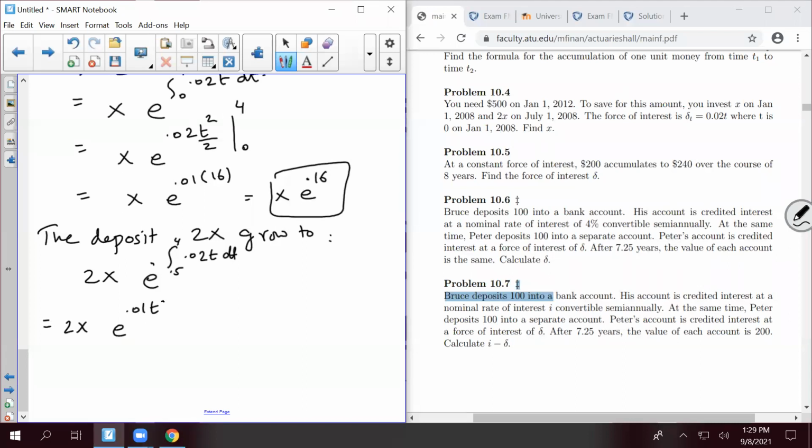0.01 t squared from 0.5 to 4. 0.01 times 16 minus 0.5 squared. So what would this be? 0.16 minus 0.0025. So 0.1575.